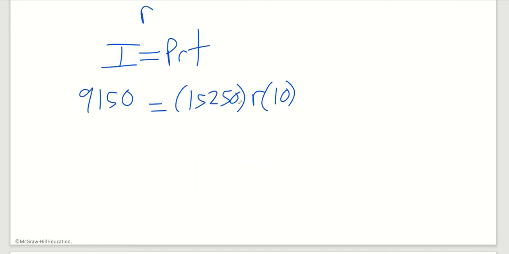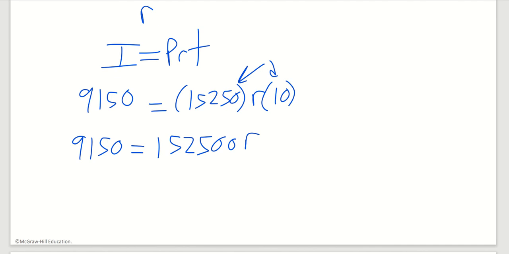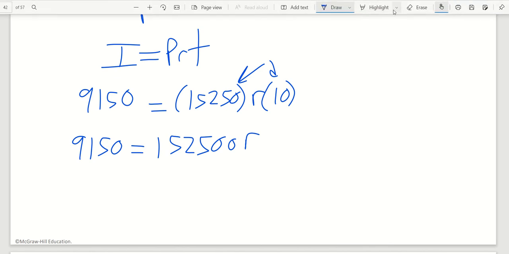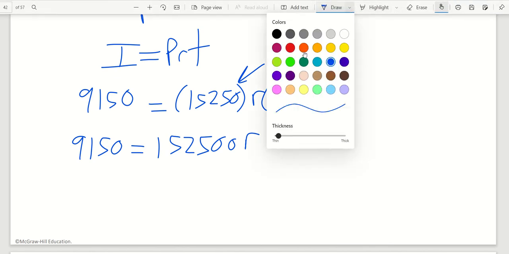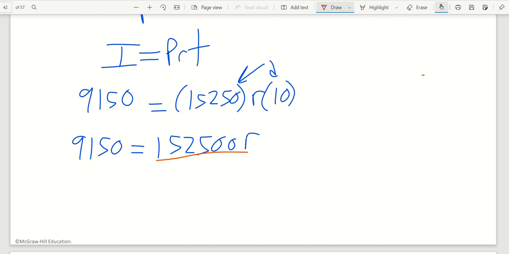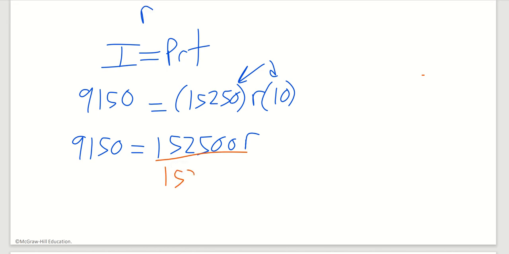This gives us an equation where we can solve for R. So 9,150 is equal to, I can at least multiply these two numbers together. That gives us 152,500 times R. And then the next step to get R by itself, we would need to divide both sides by this coefficient. So divide both sides by 152,500.